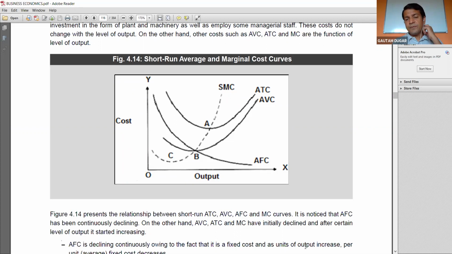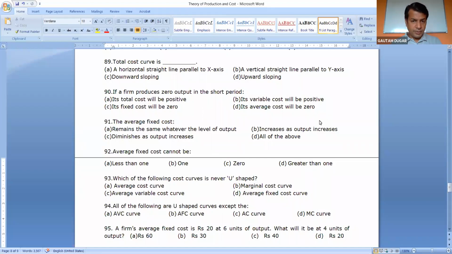These portions have to be studied in detail. You must know their explanation with the theory, so that you are more confident in answering the questions in the examination. I'll change the screen share to the MCQs sheet which I have prepared for you all to increase your confidence level.